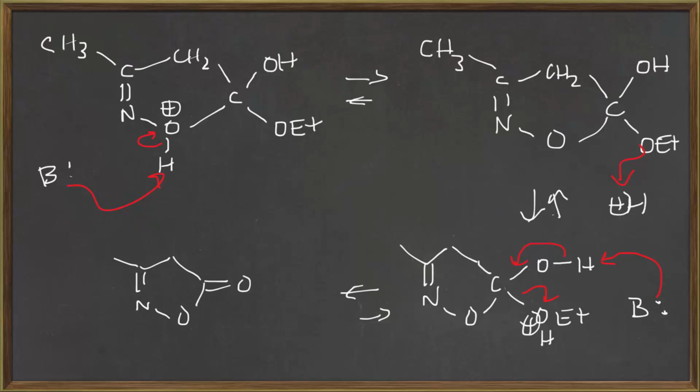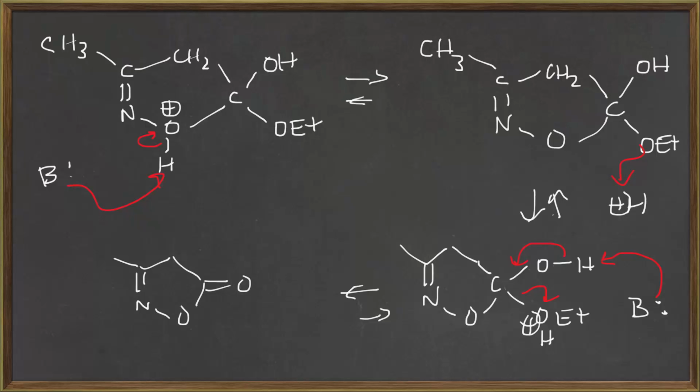So, questions you should ask. Well, you know, why doesn't it protonate here? Well, it does protonate there. That would be taking you right back to where you started from. Why doesn't it protonate here? Well, it could protonate there, but it's not going to lead it as efficiently to product.